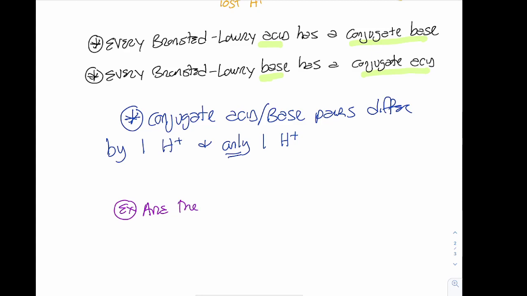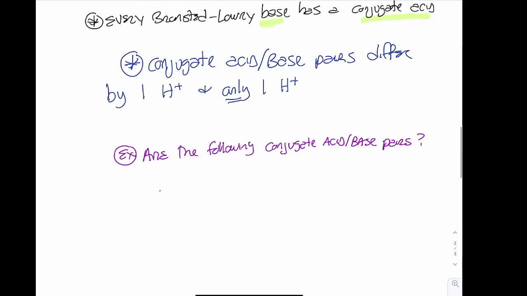So kind of an example. Are the following conjugate acid-base pairs? And then I'll give us a couple examples.